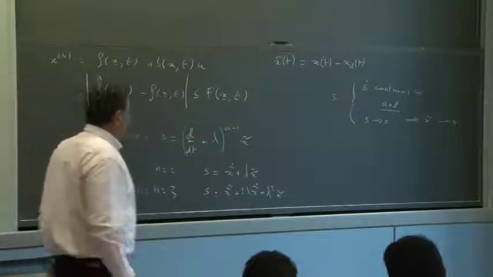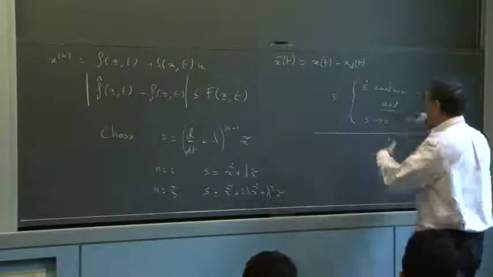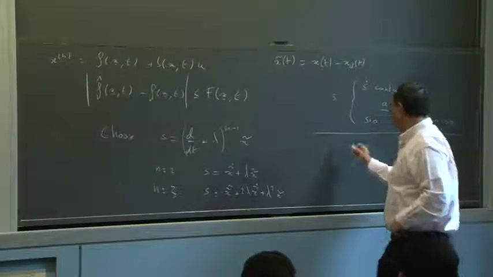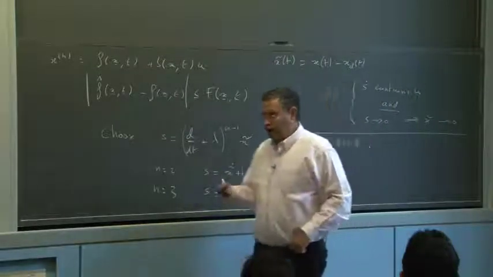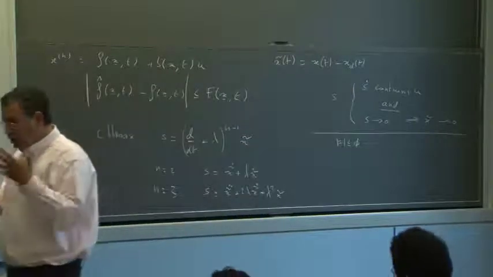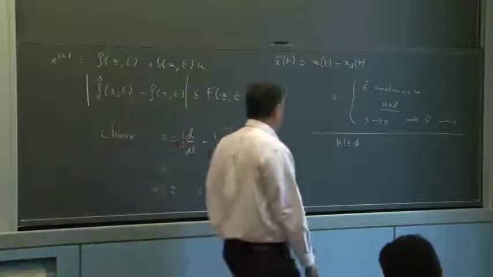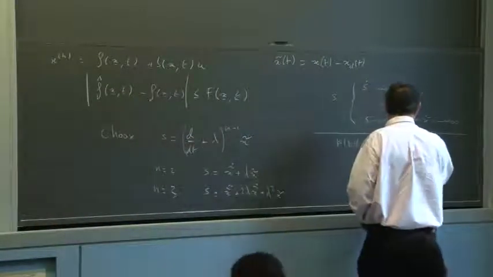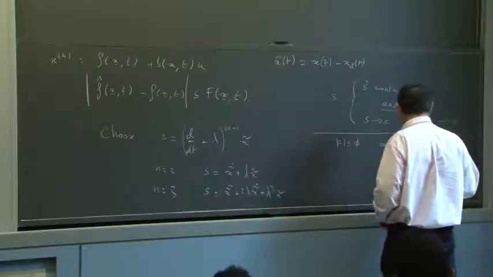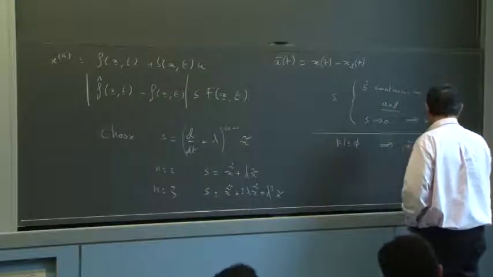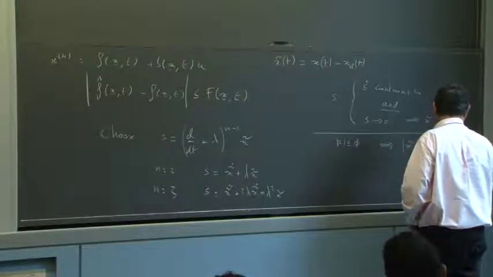We even said that it was really a reasonably precise mapping. In other words, that if we could only show that S didn't tend to 0, but after a while remained bounded by some constant phi, then this implied that x tilde of t, after transients, would also be bounded by phi over lambda to the n minus 1.